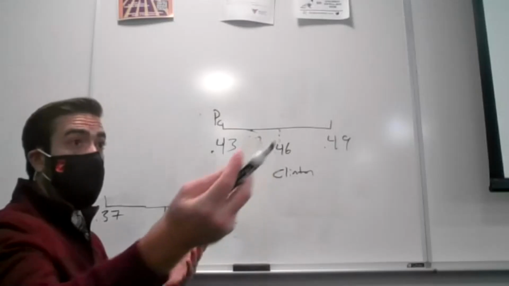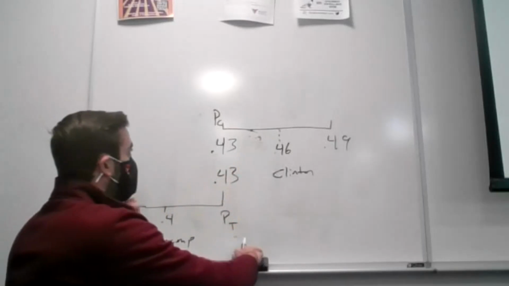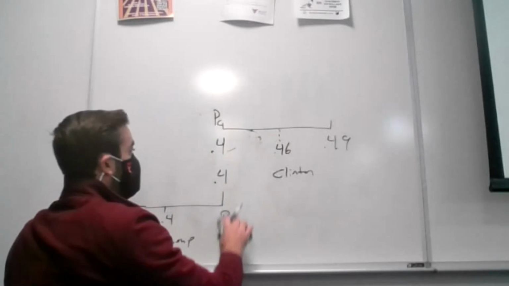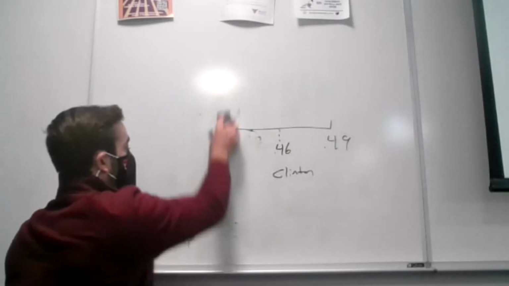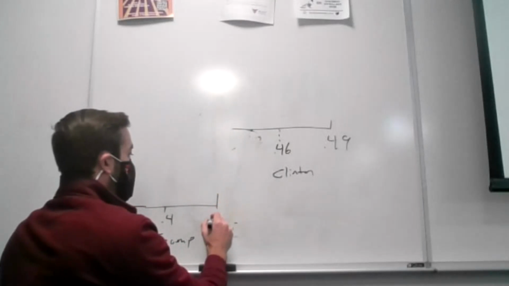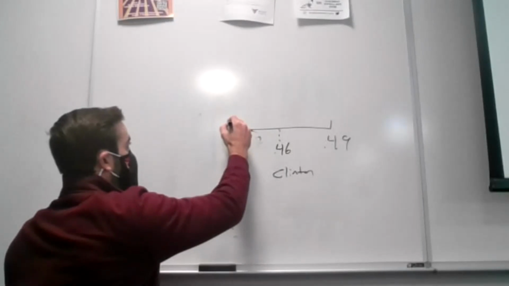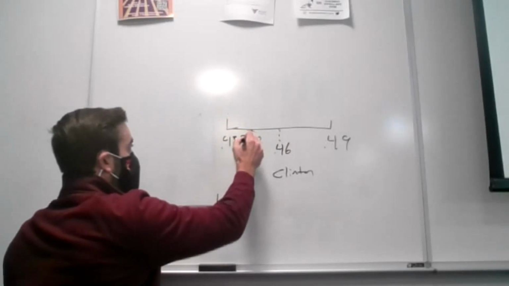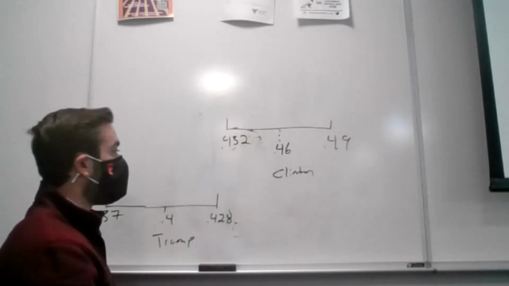Now, if we actually go out to more than just 2 decimals, this is going to be something like 0.428, and this is 0.432, or something else to the 3rd decimal.